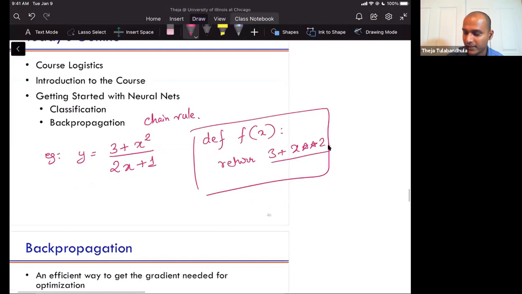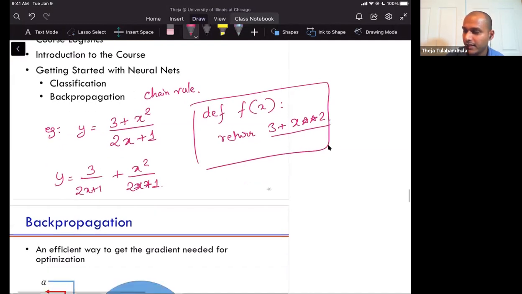Now chain rule just means, okay, why can't we say y is equal to 3 by 2 plus x plus x squared by 2x plus 1? I just split the numerator.